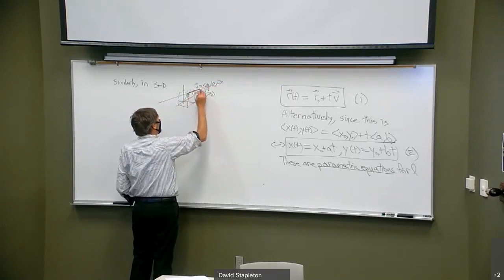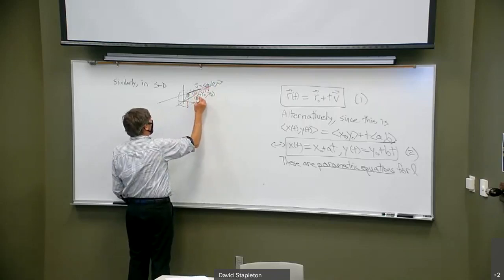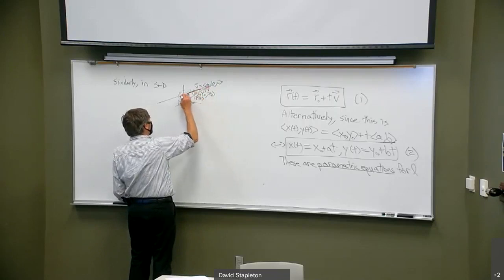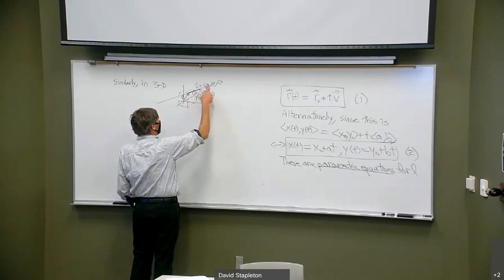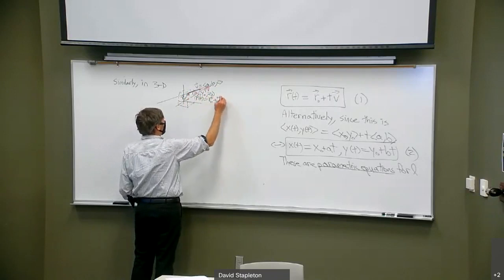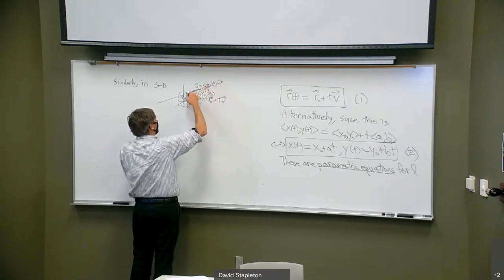In other words, this vector here, r of t, is then R0, put end to end with tv, so it's plus tv. It sweeps out the points on this line by letting t be arbitrary, right?